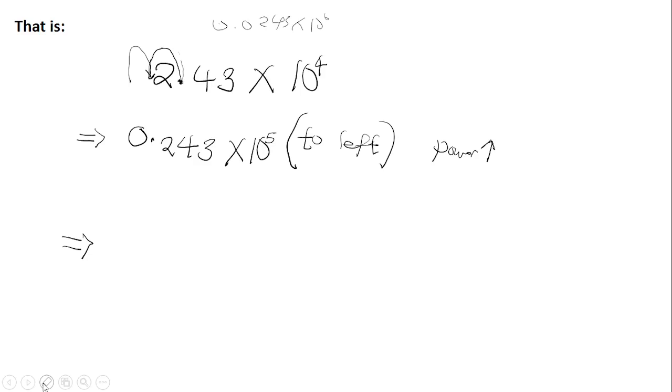Okay, I understand your confusion. When I said that, I said it applies when you're presenting your answer. Right now we are trying to carry out a calculation, so we are trying to add 2 numbers. We are going to make certain manipulations just for us to add the numbers. But our final answer will still follow the same rules, whereby A has to be between 1 and 9, and n can be any number.